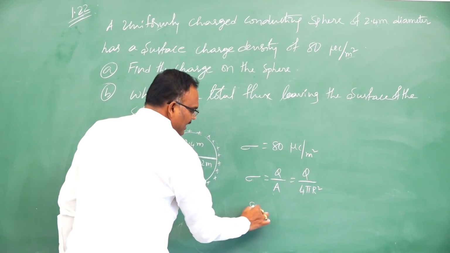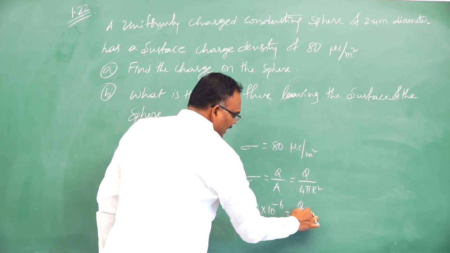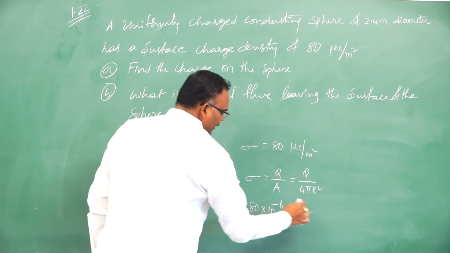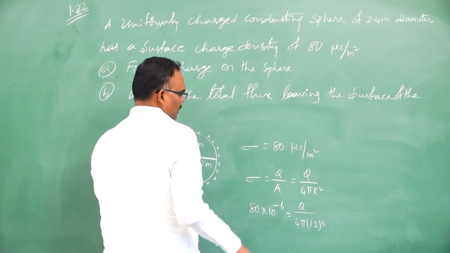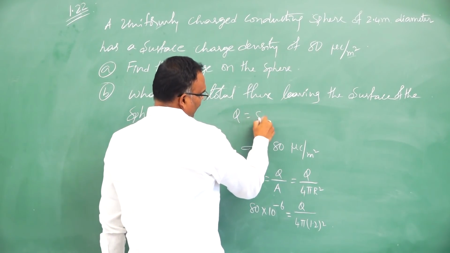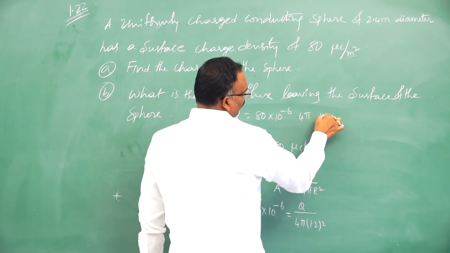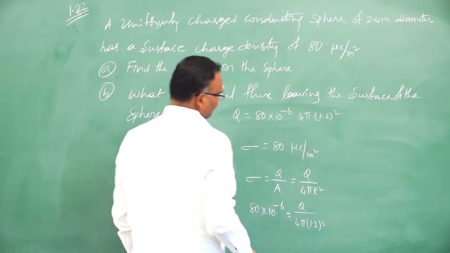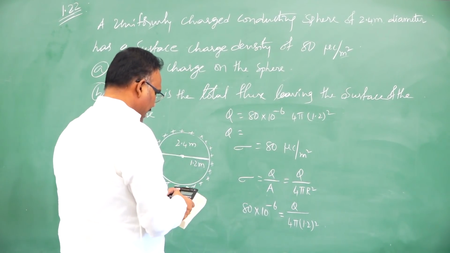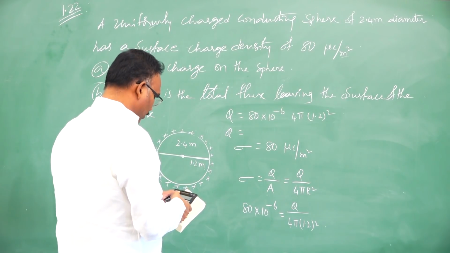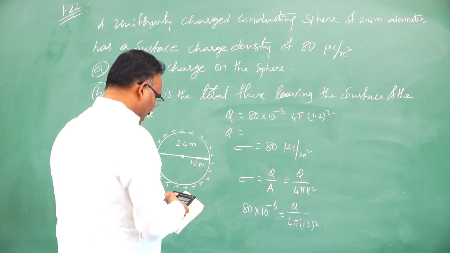So charge density is 80 into 10 to the power of minus 6, and the charge I need to find: 4 pi, radius is 1.2 meter, 1.2 whole square. So Q is equal to 80 into 10 to the power of minus 6 into 4 pi into 1.2 whole square.